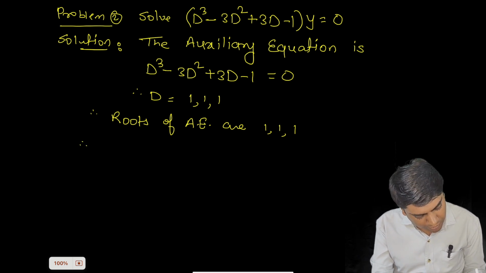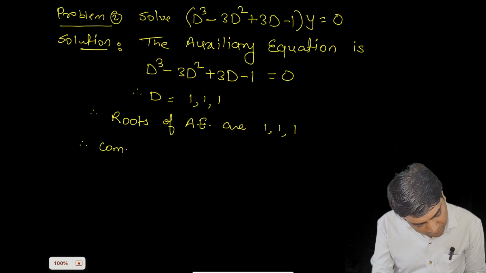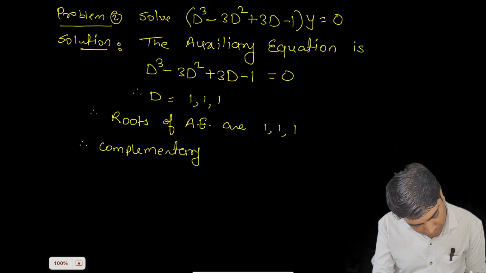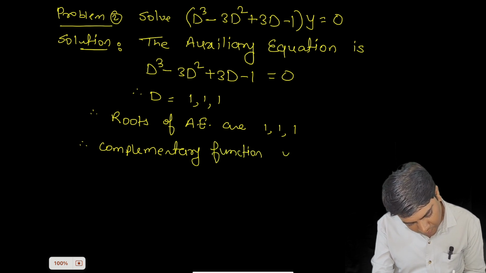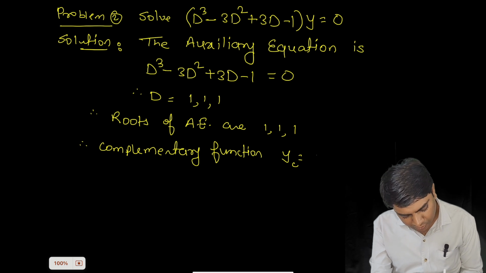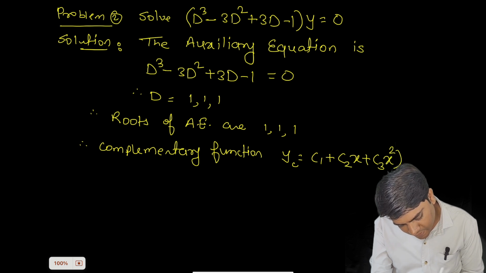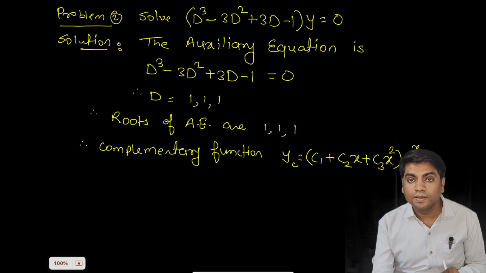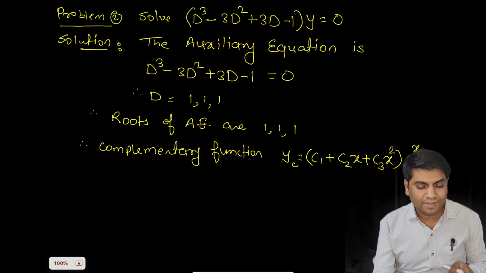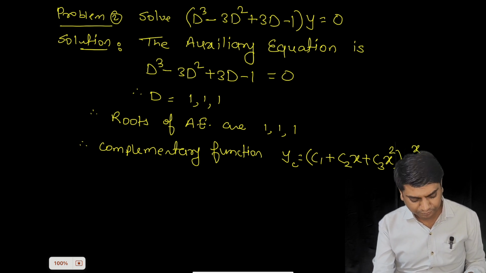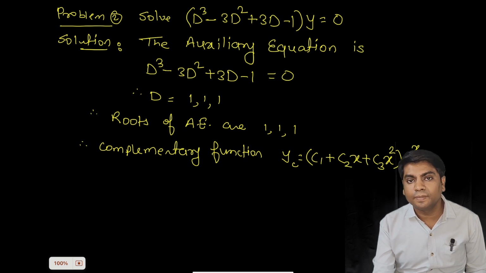So therefore the complementary function yc is equal to (c1 plus c2x plus c3x square) into e raised to x. Okay, which rule do we use? The third one, meaning 3 repeated roots. Okay, this is our complementary function.